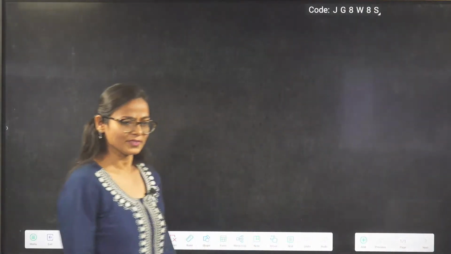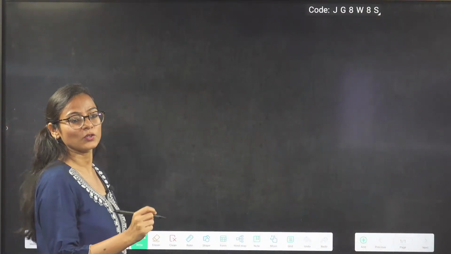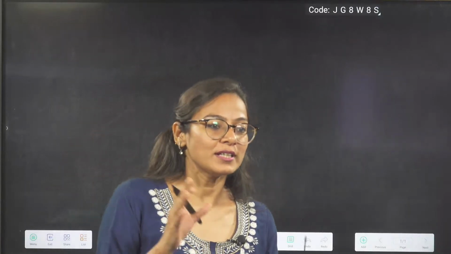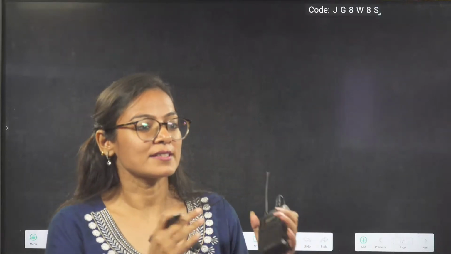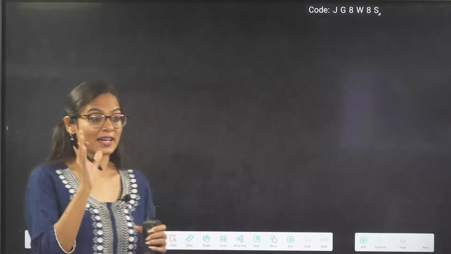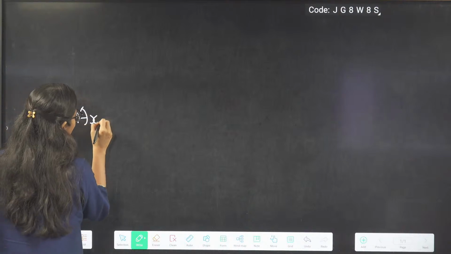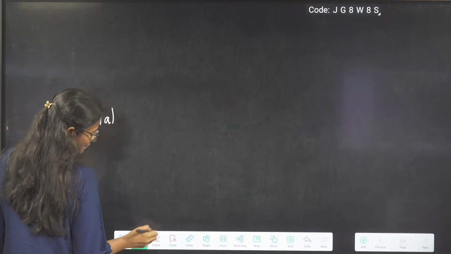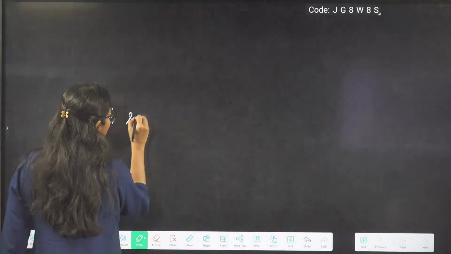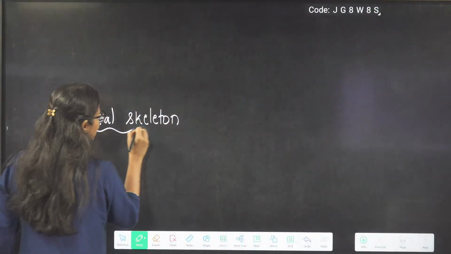So now, yesterday what we did, let's have a very quick recap. First, yesterday we saw that there are two types of skeleton, the axial skeleton and the appendicular skeleton. We started with the axial skeleton. So in the axial skeleton, let me write over here, axial skeleton.